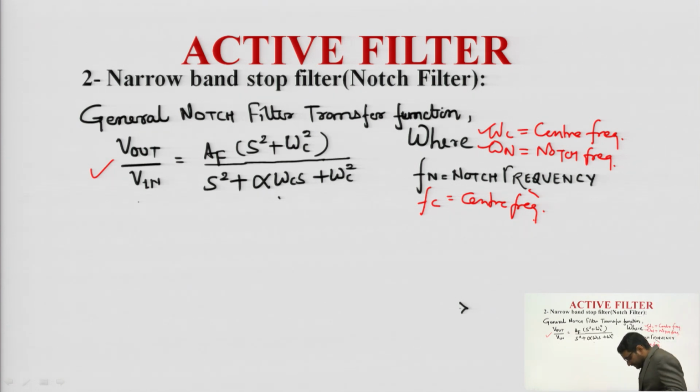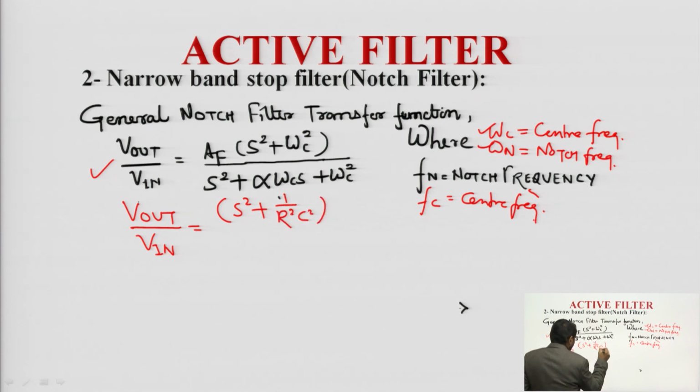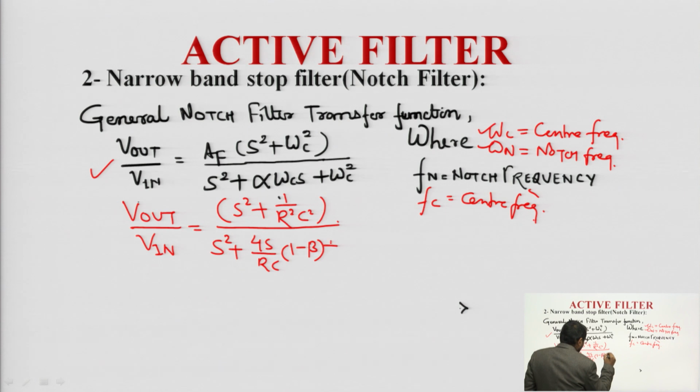Okay. So, the transfer function looks like this: V out by V in is equal to S square plus 1 upon R square C square, divided by S square plus 4 S by R C into 1 minus beta plus 1 upon R square C square.